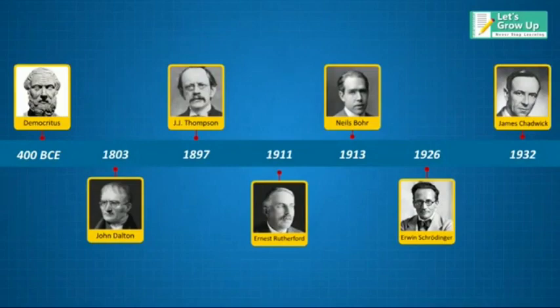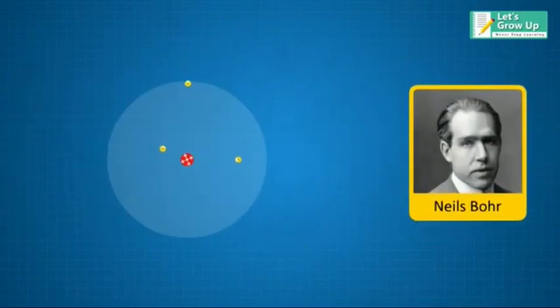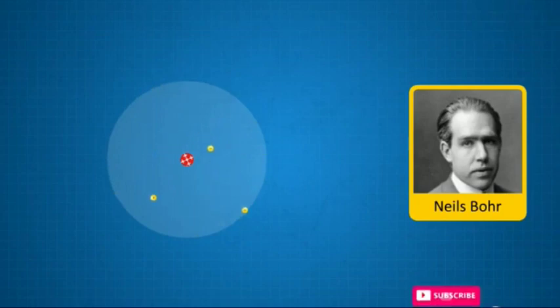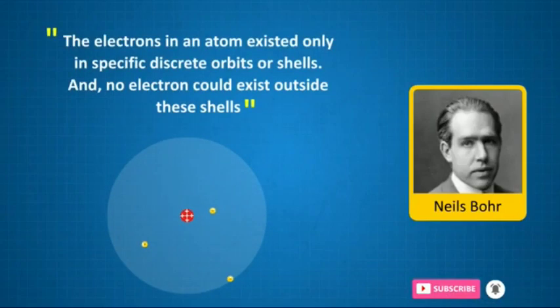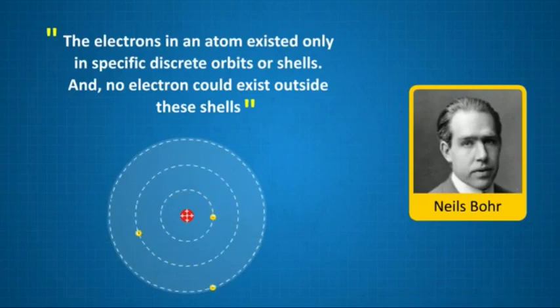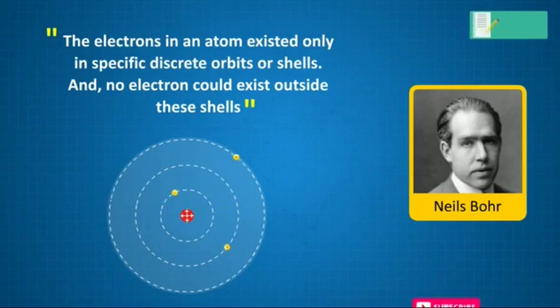Just 2 years later, in 1913, this drawback of Rutherford's atomic model was addressed by Niels Bohr. This was the greatest achievement in the journey of understanding atoms. He proposed that the electrons in an atom existed only in specific discrete orbits, or shells, and no electron could exist outside these shells.